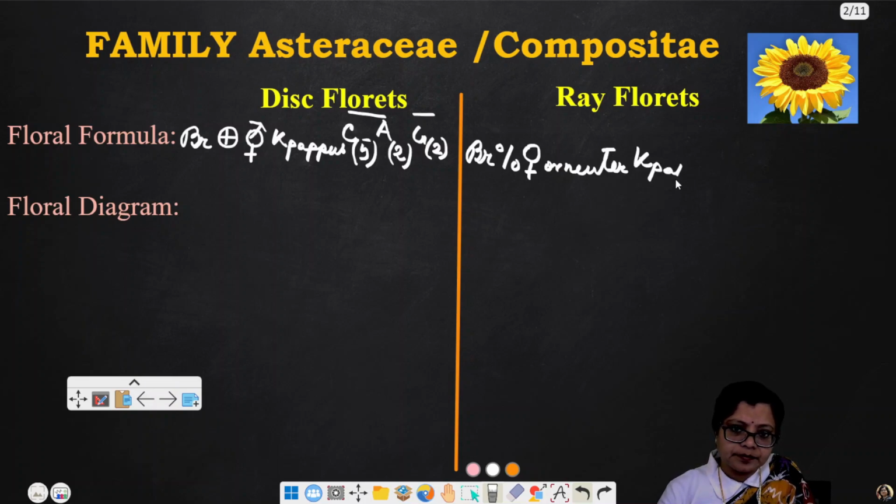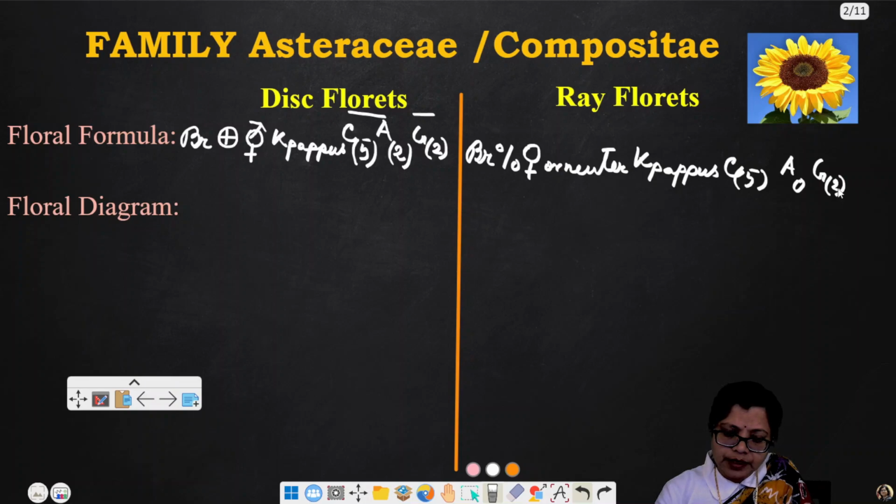Calyx pappus, corolla ligulate 5 united, androecium 0, no male sex organ, gynoecium if present 2 united, inferior ovary, or for the neuter flower it is 0. For the ray florets, this is the formula, and for the disc floret, this is the formula.